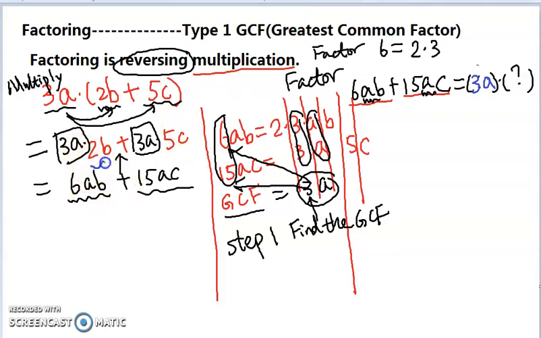So we need to find the other two terms, 2B and 5C. And notice that factoring is reversing multiplication. A simple question: suppose we don't know what this number is and try to figure it out. If I ask you 6 is equal to 2 times which number?